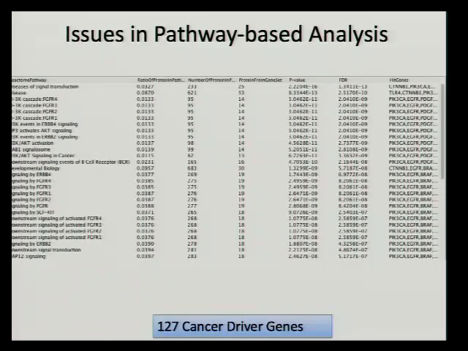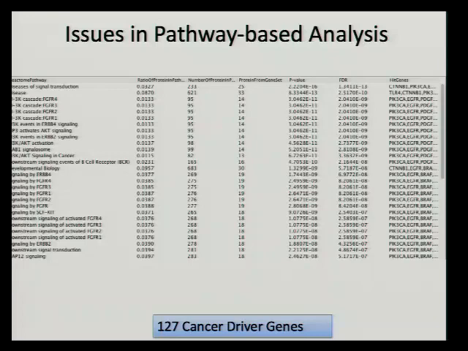So doing pathway-based data analysis is great, but there are still some problems. Two obvious issues here. One, in Reactome, as you hopefully remember, all pathways are organized in a hierarchical way. This may give us some issues.